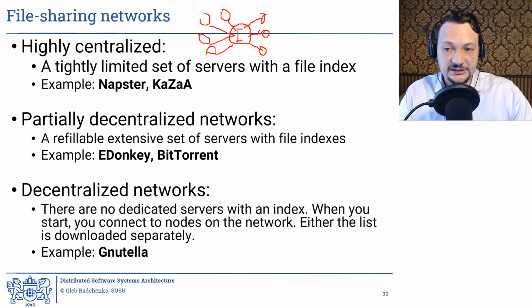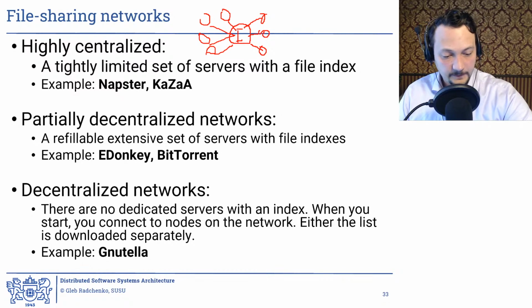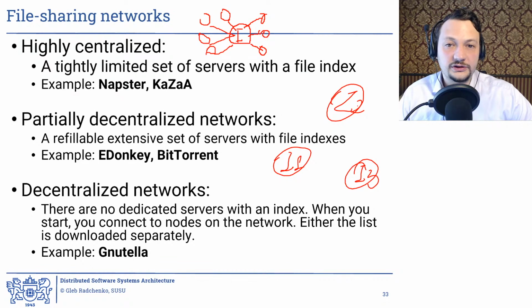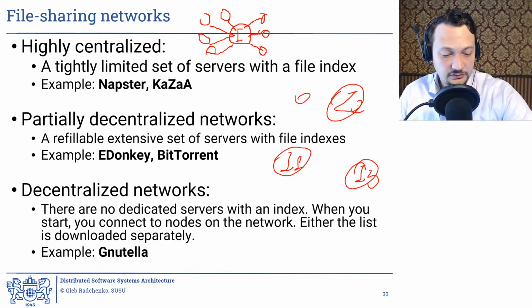In partially decentralized networks, it works a little bit differently. We have index number 1, index number 2, index number 3, and they are all deployed independently. So the users in these networks can connect to different index servers to search for the data that they would like to download.